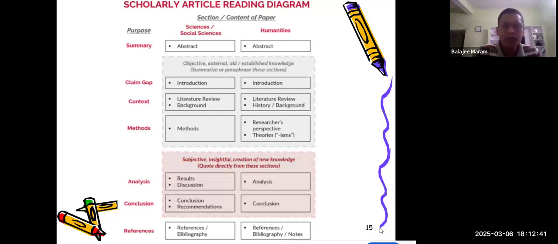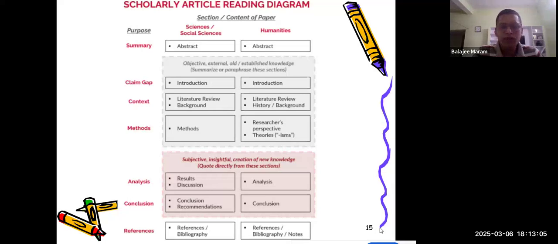In the sciences paper, it is literature survey and background. In the humanities paper, it is the same literature review, and history, maximum history. There is less background, but maximum is history. Next, the methodology part.